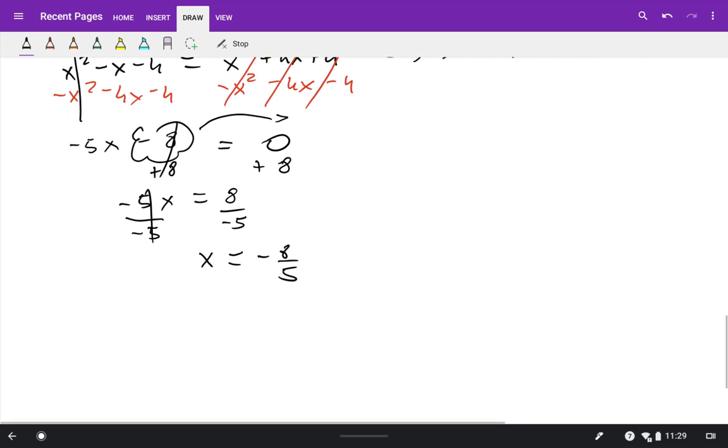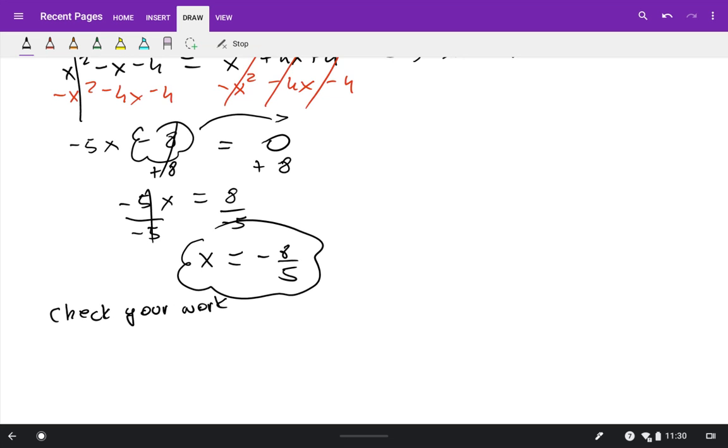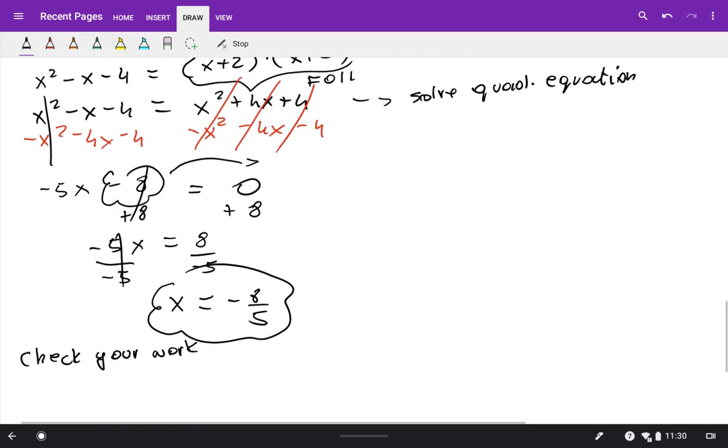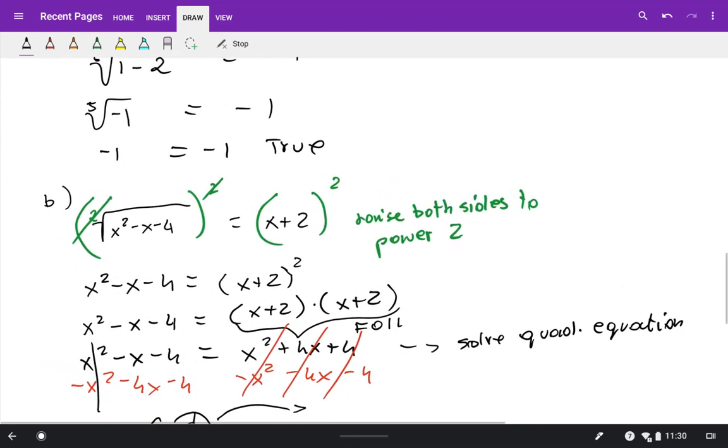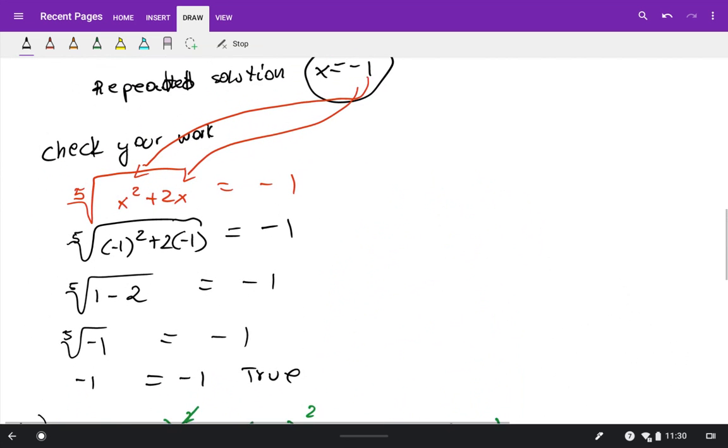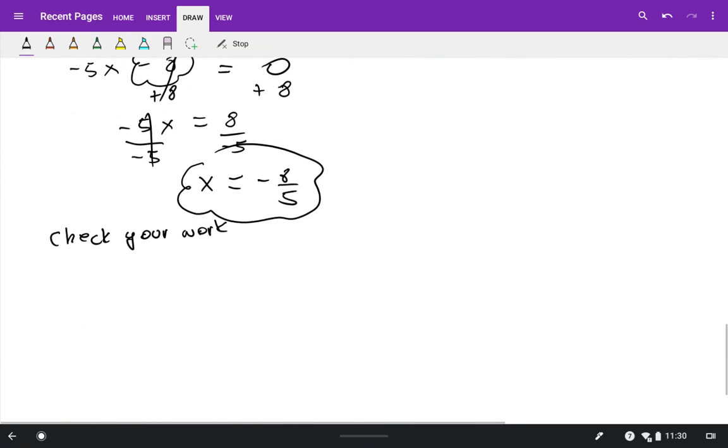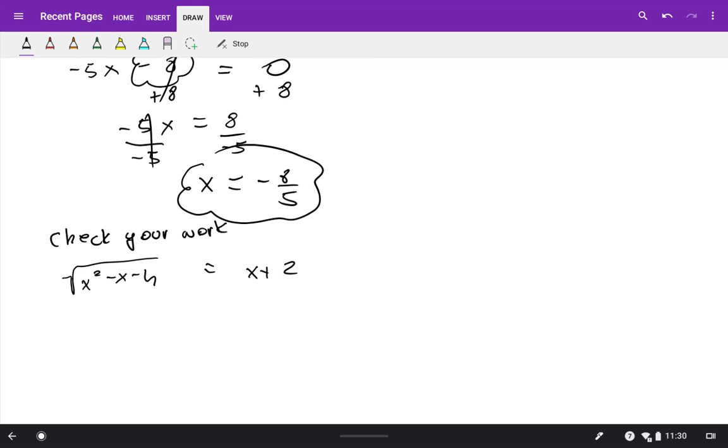I'm going to check your work. So I'm going back to original problem. So the original problem was the square root of x squared minus x minus 4 equal x plus 2. And I'm going to replace x with negative 8 over 5.